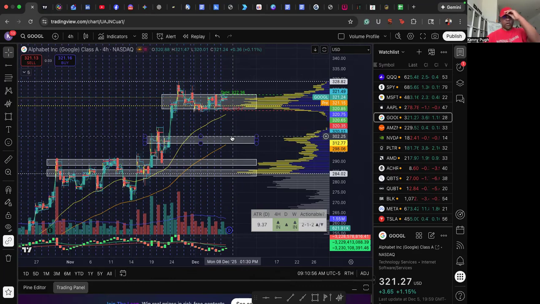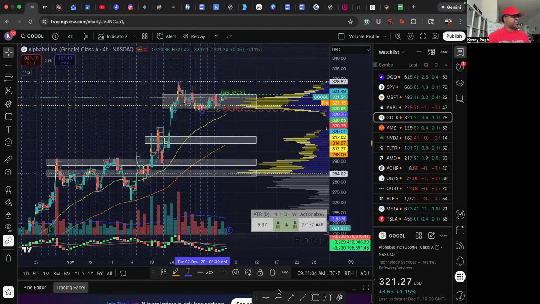It is one of the most straightforward frameworks. I use it because it allows us to use auction market theory. It allows us to use the volume profile that shows us where business is being transacted. And it just gives you a pretty clean framework for establishing your edge. And you just need an edge in the market that you can allow to play out over and over and over again.